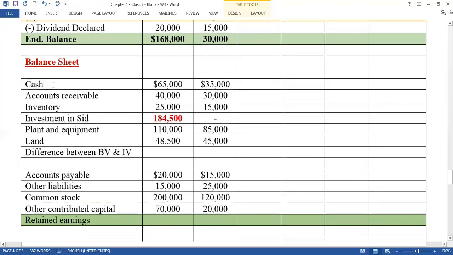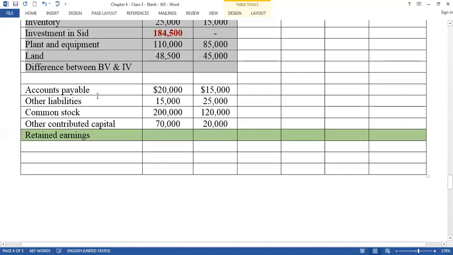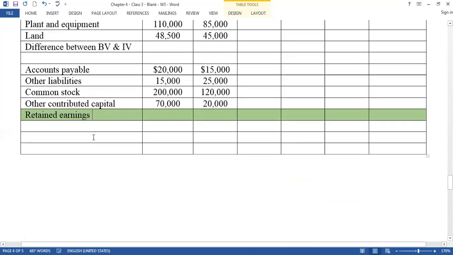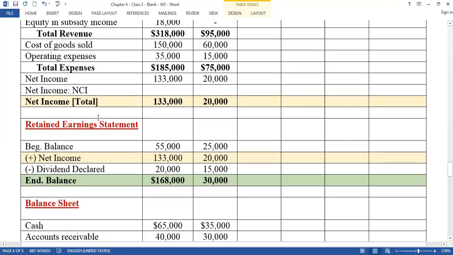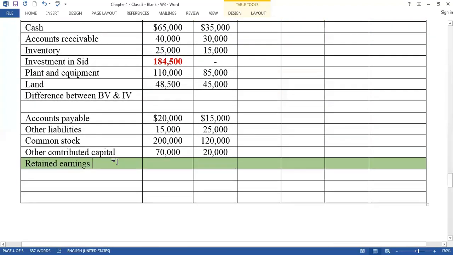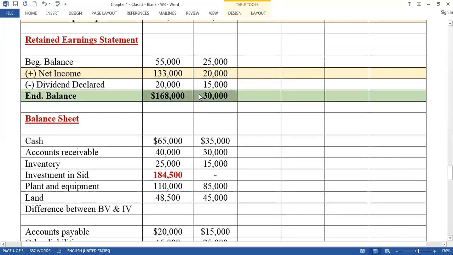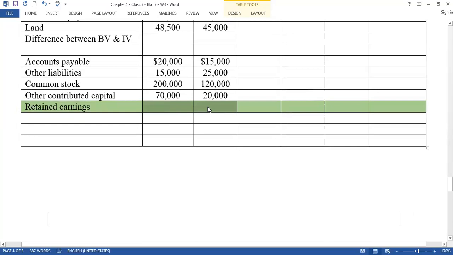So you can see that I write all the assets here. Then I write liabilities, then equity. And this retained earnings is the ending balance. I copy the ending balance from here and I put it here.